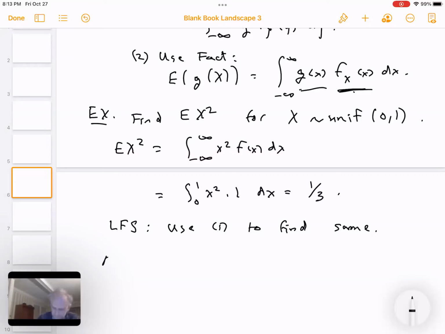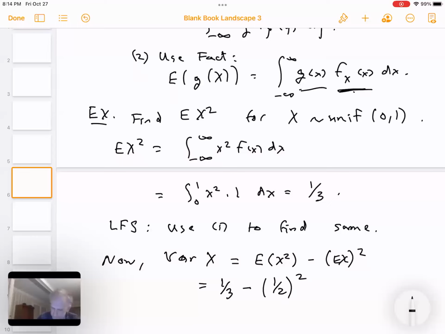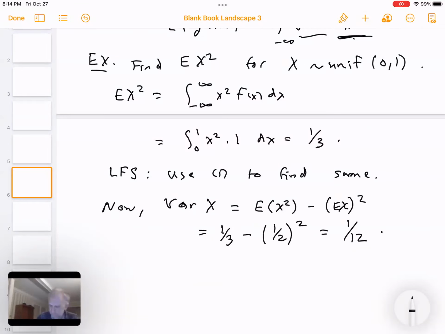So now we have the variance of X, the uniform 0, 1, is equal to E of X squared minus E of X, squared, which is equal to 1/3 we just found, minus 1/2 squared, equals 1/12. You can get the standard deviation from that by taking the square root.